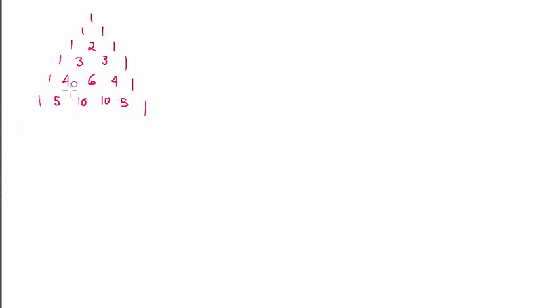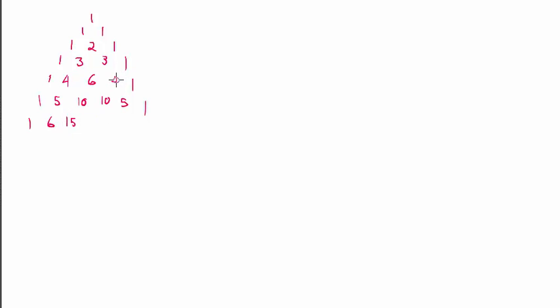Now notice everything follows a pattern. Look here: 1, 2, 3, 4, 5, 6, so this is 1, 3, 6, 10. What do you think is the next number? Yeah, because here I'm adding a 2, here I'm adding a 3, here I'm adding a 4, now I'm going to add a 5, so this is 15.